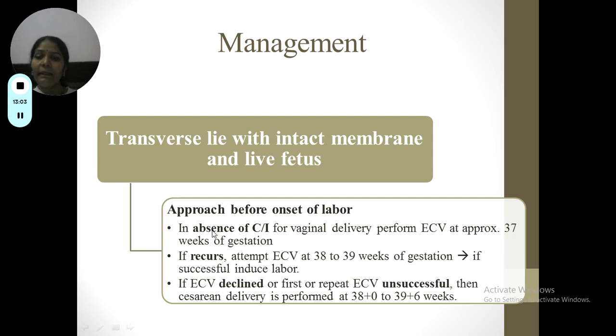If it recurs, then we can attempt a repeat external cephalic version at 38 to 39 weeks and induce labor. If the patient is declining external cephalic version, then a cesarean delivery is performed at term. But because of the malpresentation and increased risk of complications like hand prolapse or cord prolapse, it would be better to admit the patient for a hospital stay.